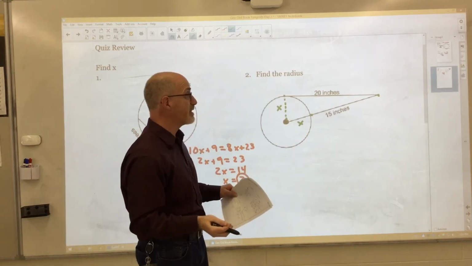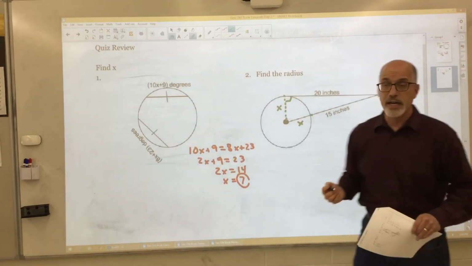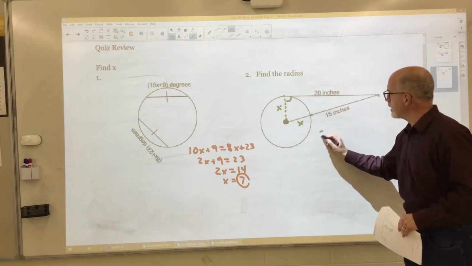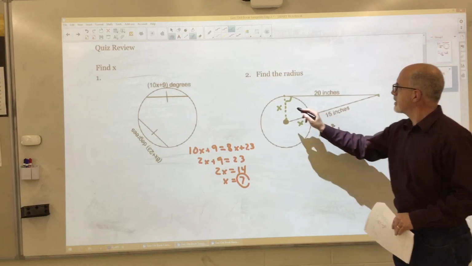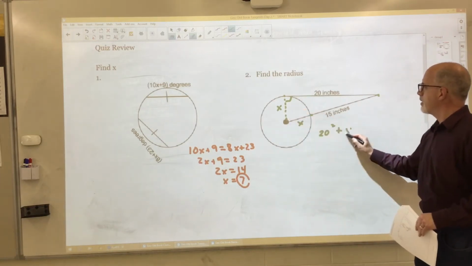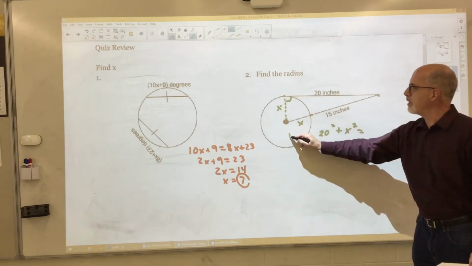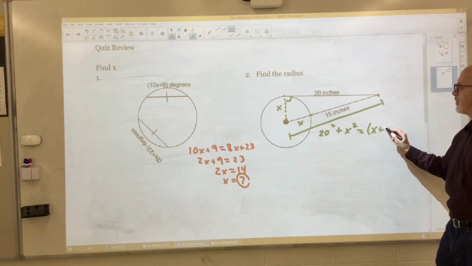So let's go ahead and set up, since this is perpendicular, we've got a right triangle. Let's use the Pythagorean theorem. We've got 20 squared plus x squared, those are the two legs, is going to equal this whole length here, x plus 15.